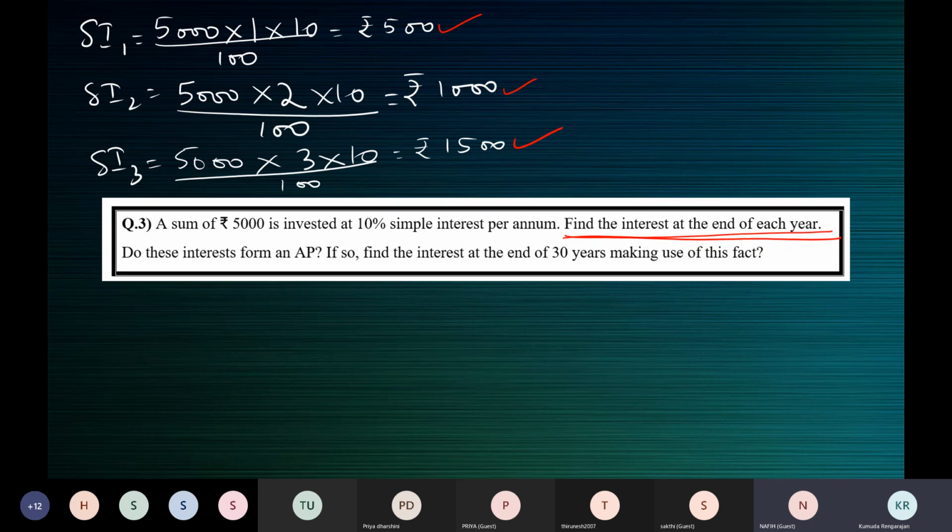Children, do the interests form an AP? Yes, ma'am. What is the common difference? 500, ma'am. Now answer this question. Find the interest at the end of 30 years making use of this fact.